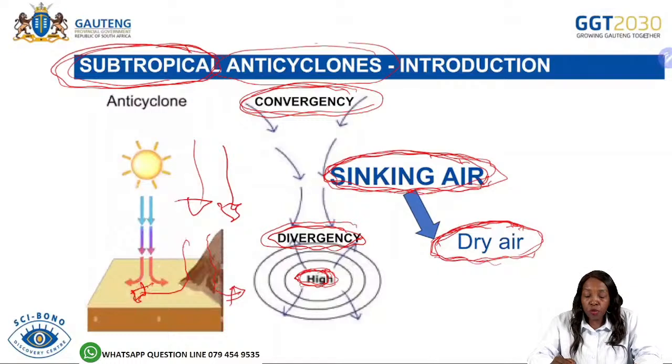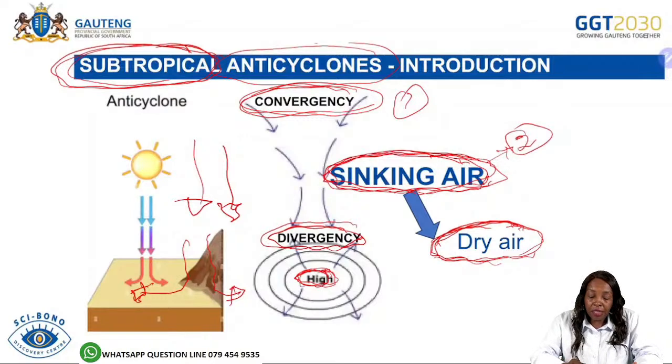So key things to take note, it's upper air convergence. Due to upper air convergence, then we have air that sinks. So this would be your next explanation on how these anticyclones are formed. And then what characteristic of the air is it?